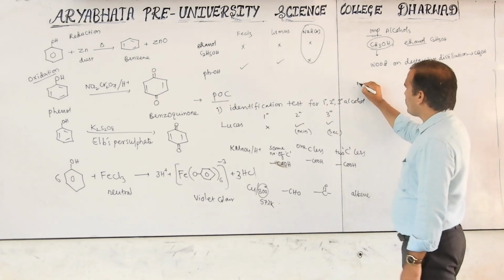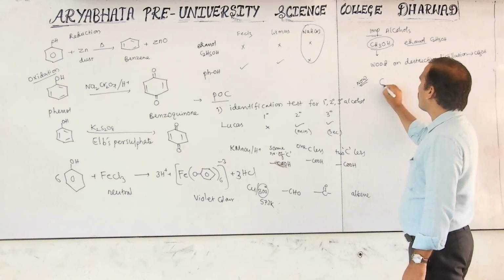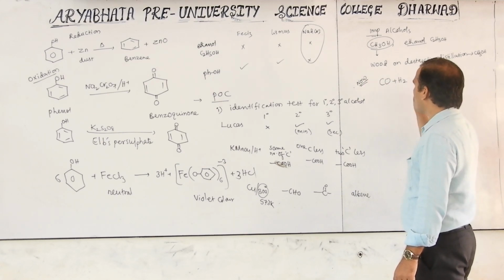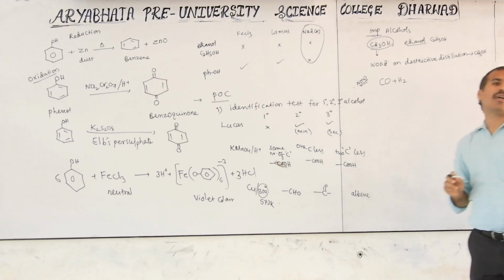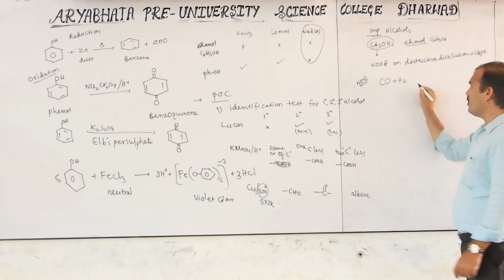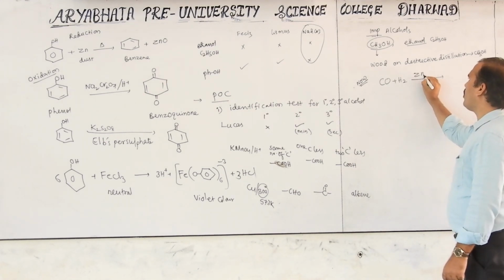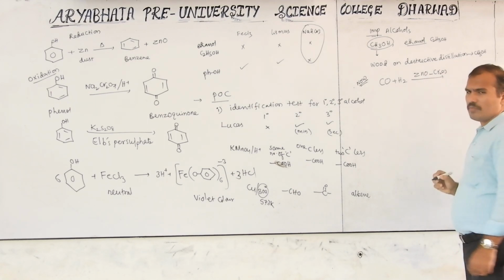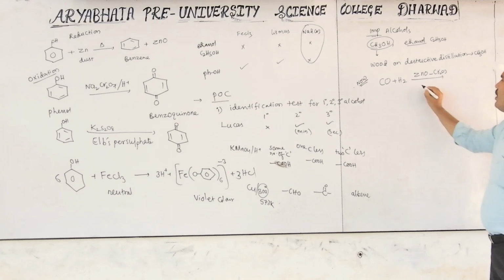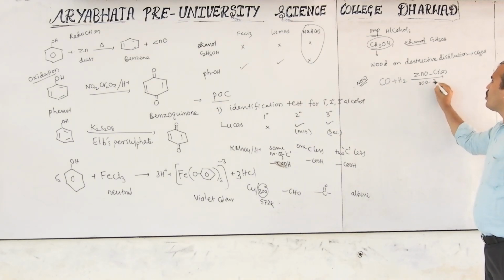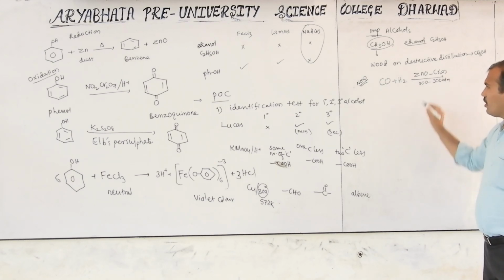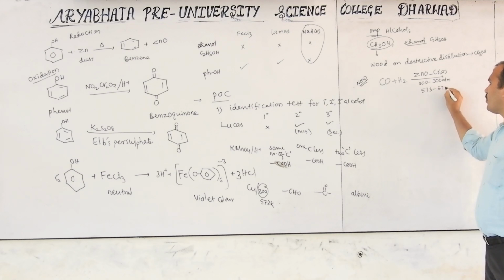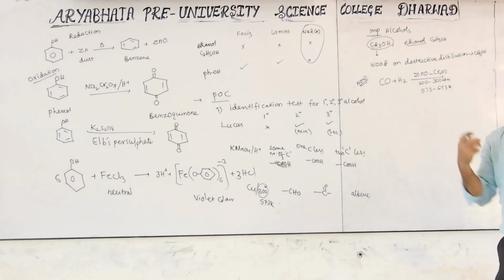But nowadays, carbon monoxide with hydrogen, this is called water gas also, you will be studying in the hydrogen compounds in first year, in presence of zinc oxide and Cr2O3 and nearly 200 to 300 atmosphere pressure, nearly 573 to 673 Kelvin temperature, very high temperature.